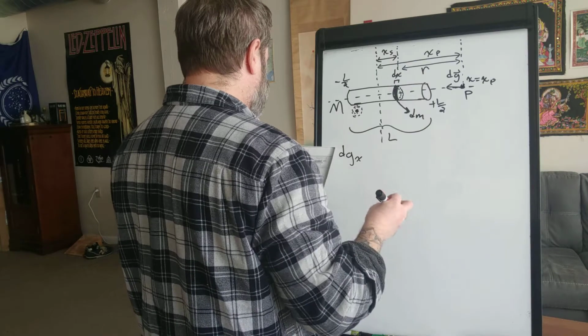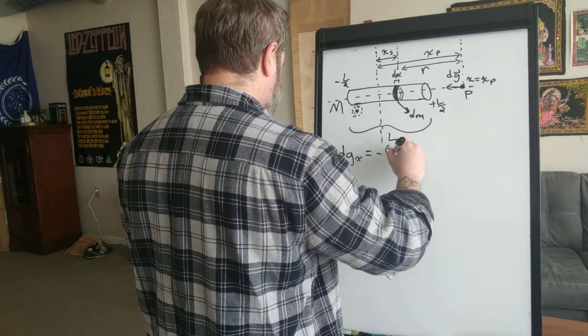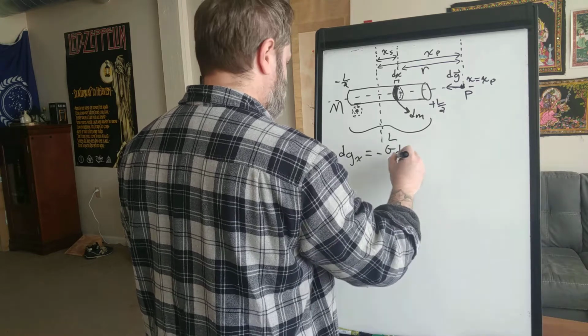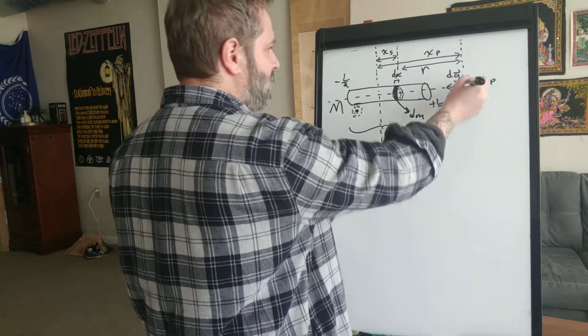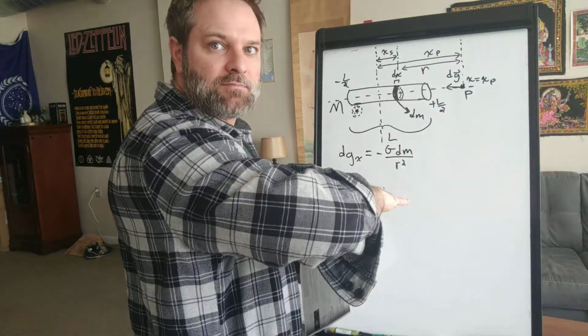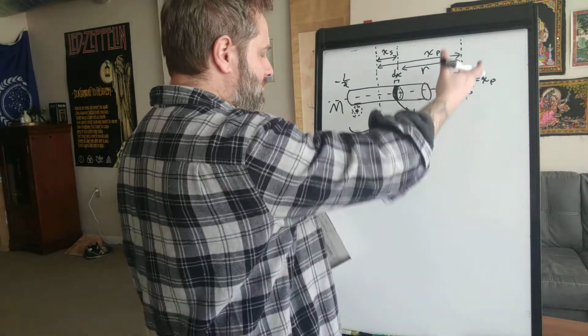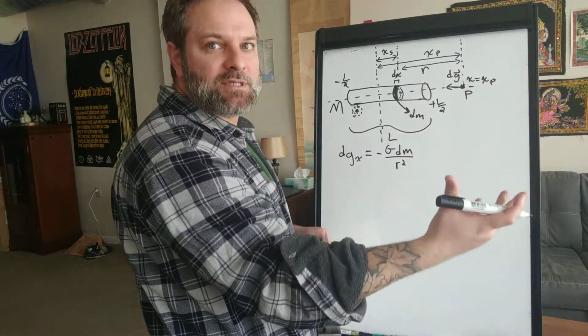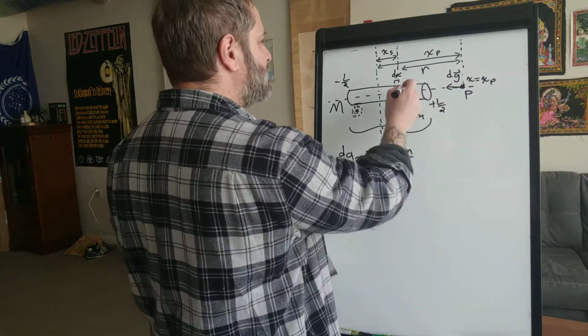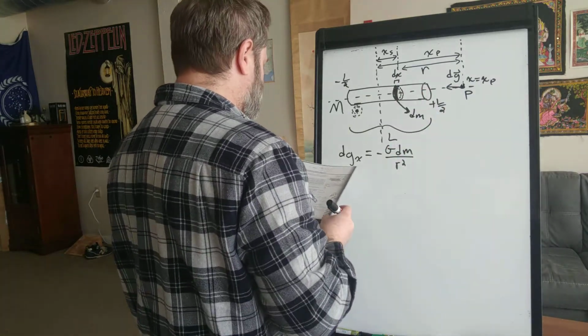So we're going to have this dgx equal to negative G dm over r squared, right? We don't have the mass of the test particle because we had that whole thing on the last board, slide, whatever you want to call it. The whole point of having a test particle is that it goes away. So we have just the mass of this little infinitesimal slice times the gravitational constant divided by r squared.